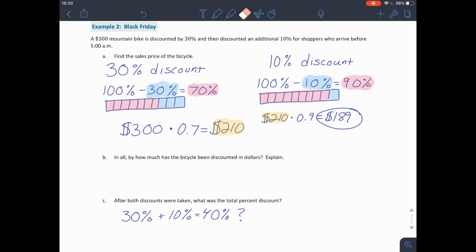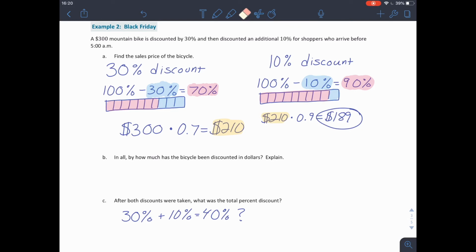So I would take that $210 and multiply it by 9/10, which is the 90% that I am paying, and I will find that the final discounted price of the bike is $189. If I had used instead the original $300 and found 10% of that, I would not have found the correct discounted amount.